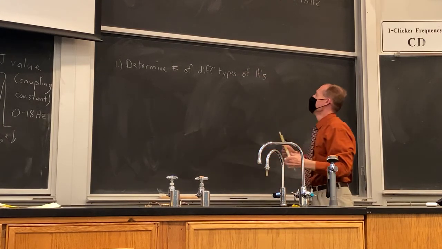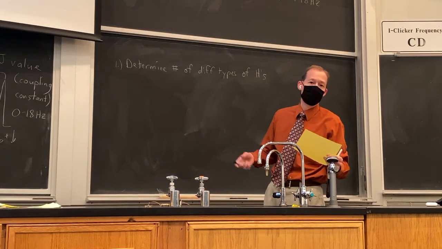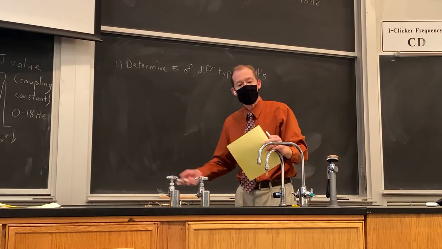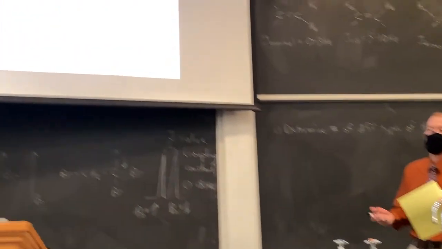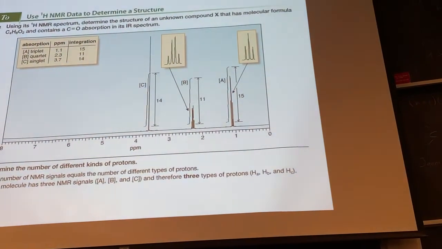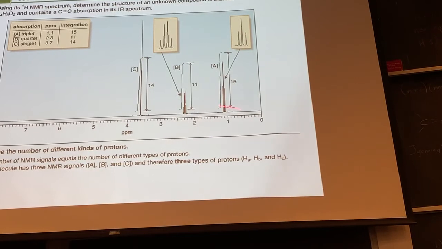Okay? This is the easiest thing we can do from a proton NMR. We simply have to count the peaks, assuming there's no overlap. Or the signals, I should say. So we have 3 different signals in this molecule. So we have 3 different types of hydrogens.